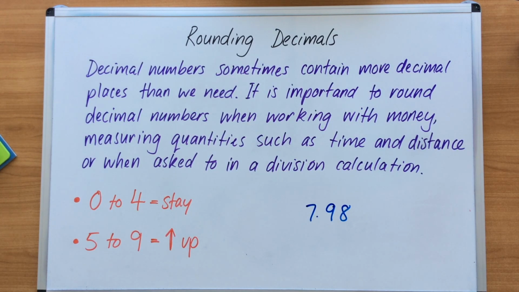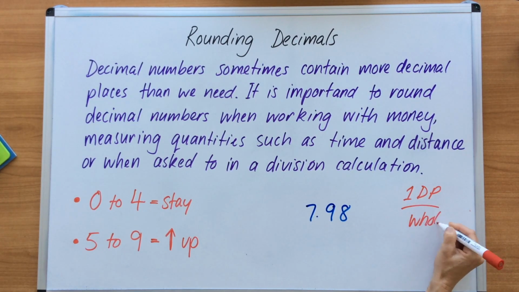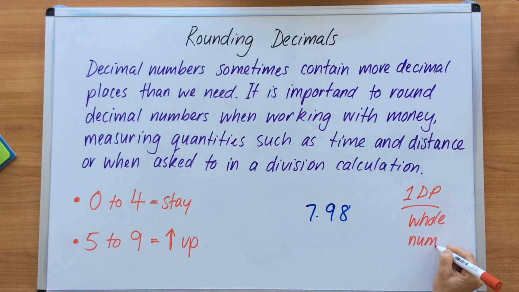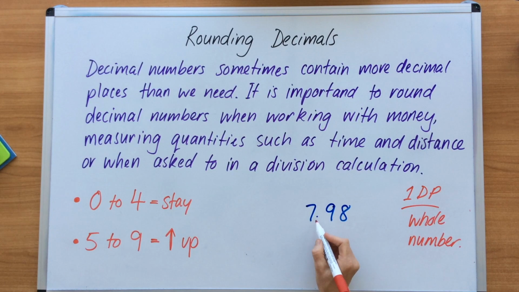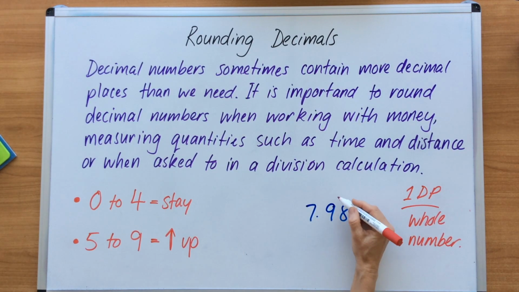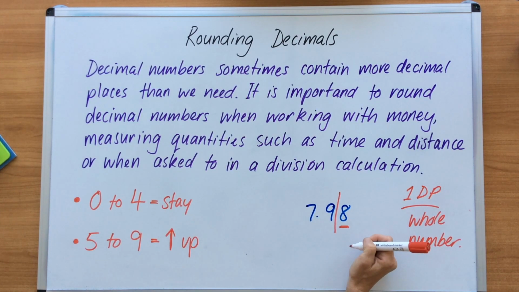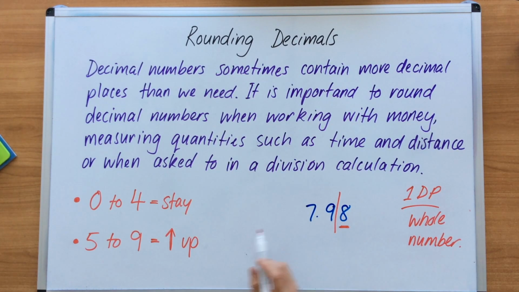In this example, we're going to again round to 1 decimal place, but it's also going to end up as a whole number. So we find the decimal place, go 1 number, draw a line and underline. We've got a rounding number and a looking number. Because the looking number sits in the 5 to 9 category, the rounding number has to go up.